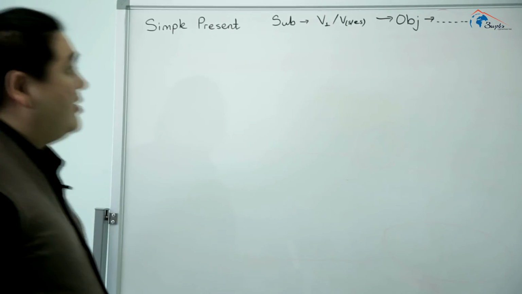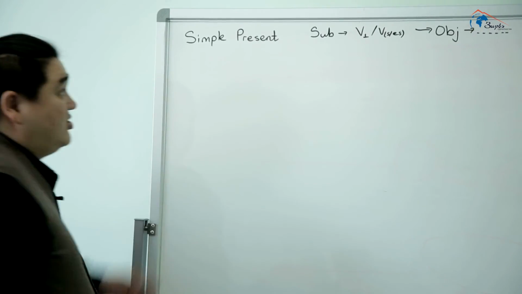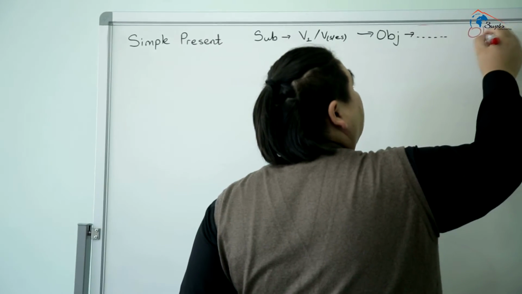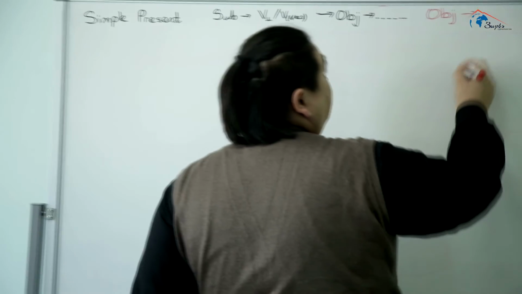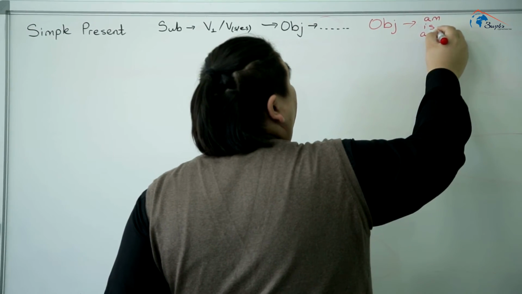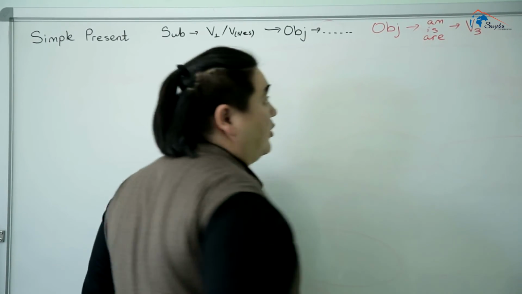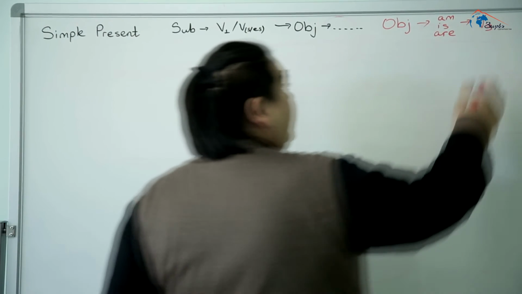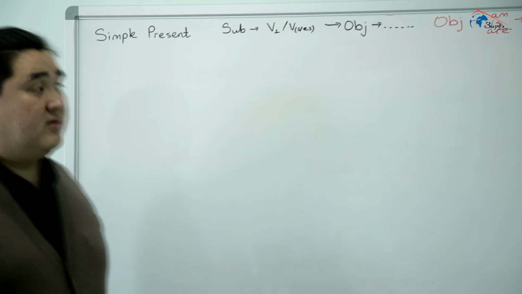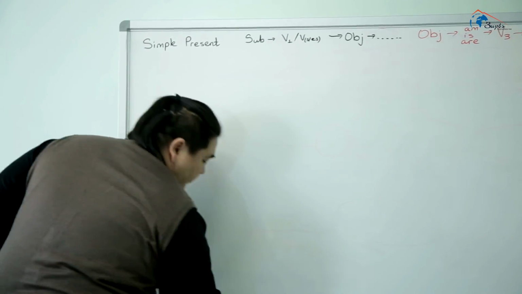Here, the passive voice of such a sentence becomes this one. Depending on the object, we have am, is, or are. After that, we have the past participle of the verb. And then anything extra: time, place, reason. Okay, so this is the simple present tense.